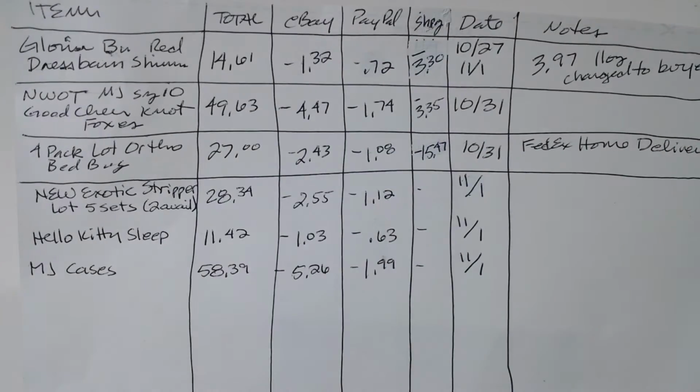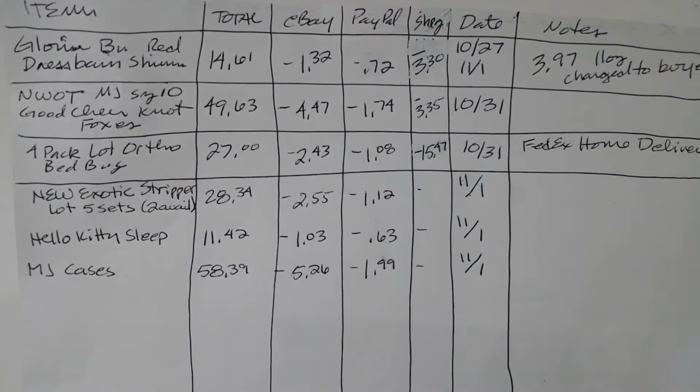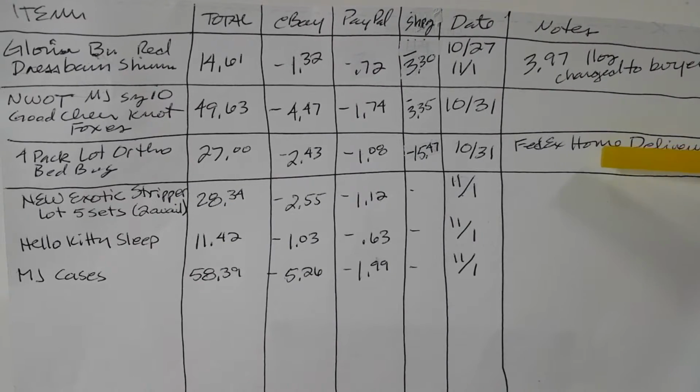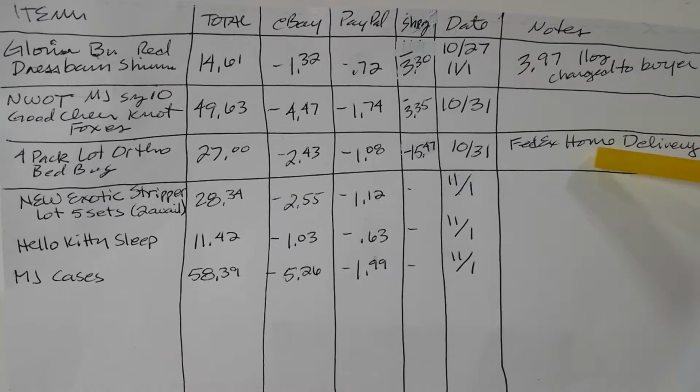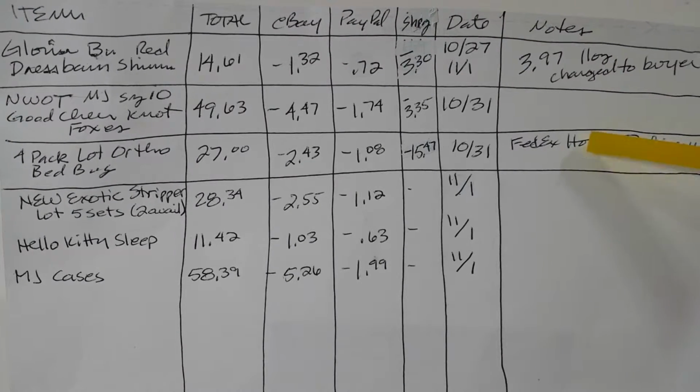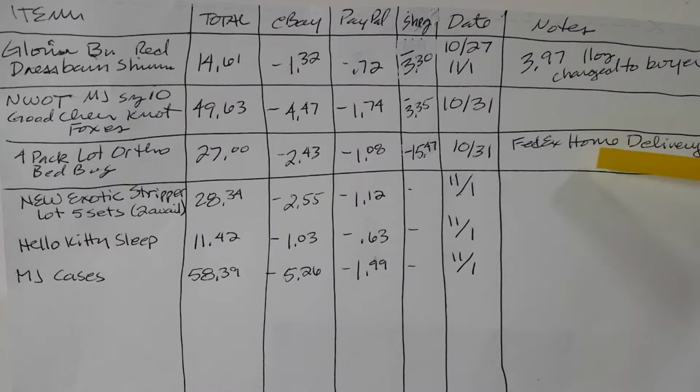So let's see. I like to double check what FedEx charges me. This one went home delivery. But if you do FedEx Smart Post, they bill you at the end of the month, and I like to double check.